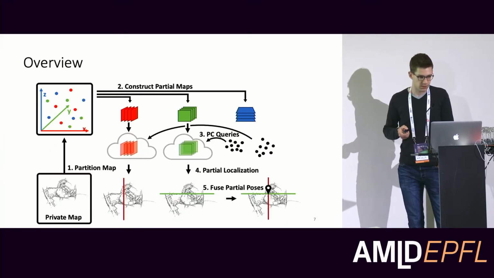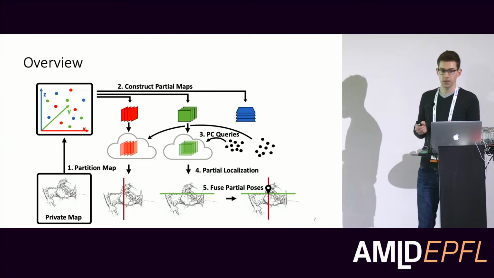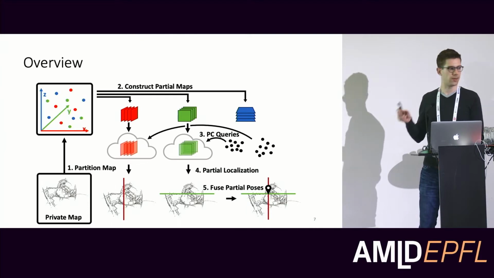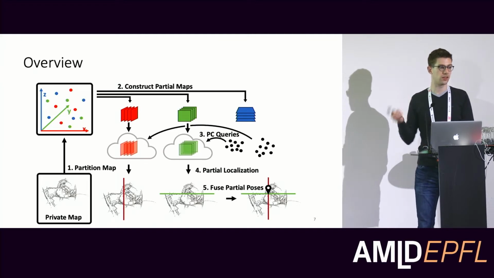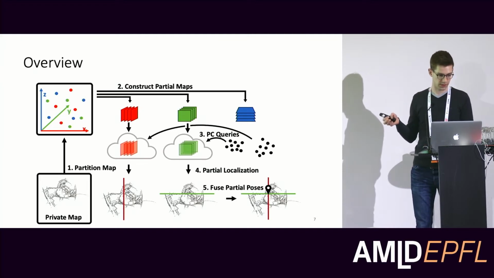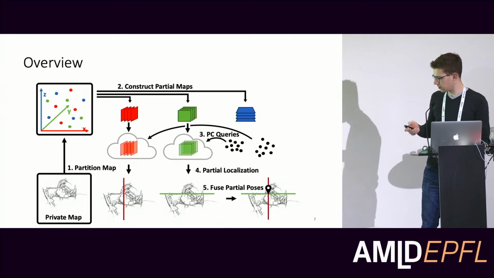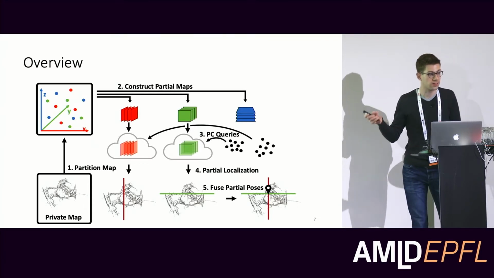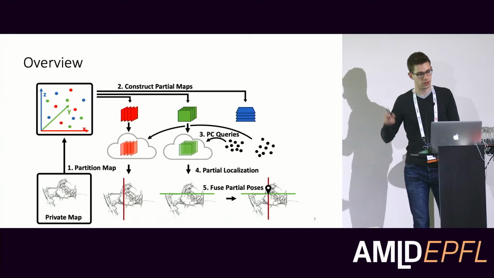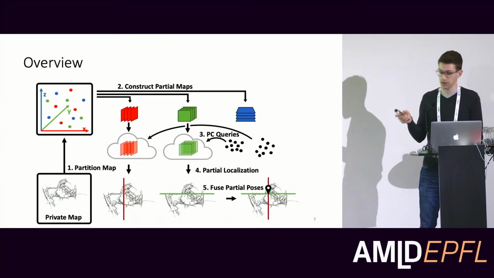So just to give a very brief overview of what we're doing, we're again applying the same idea as in the previous works: we are adding degrees of freedom to our geometry. We start from our private map here in the bottom left. We split the map into 3 parts, and for each one, we choose a separate direction that we want to use for localization.